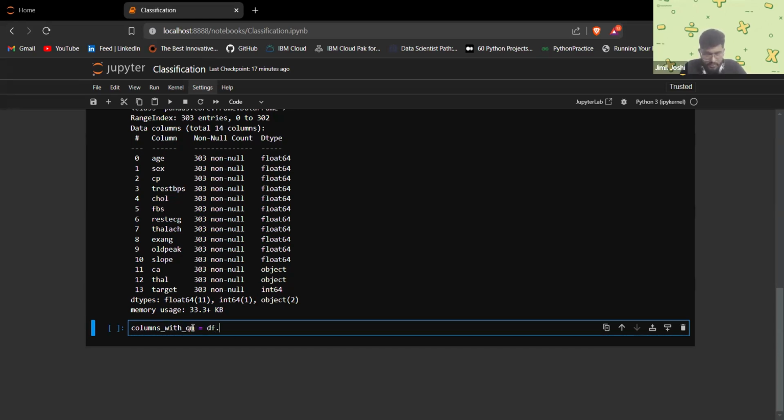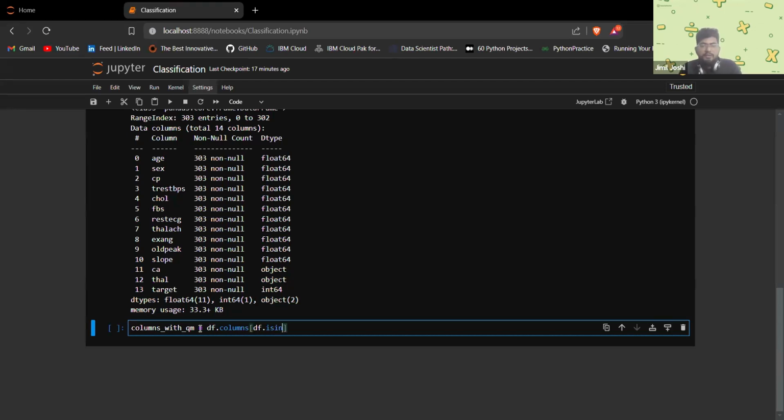So from the existing columns which we have, we'll find out whether any of the columns contain these values, because we have to identify the columns, right?